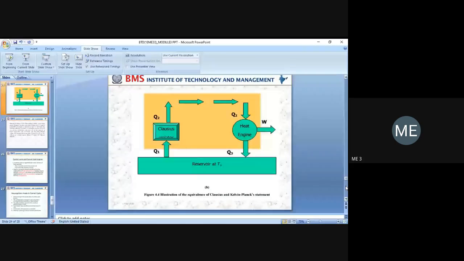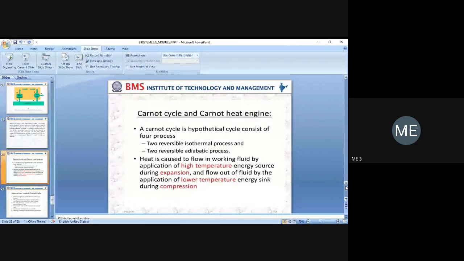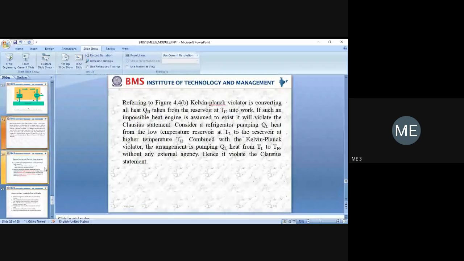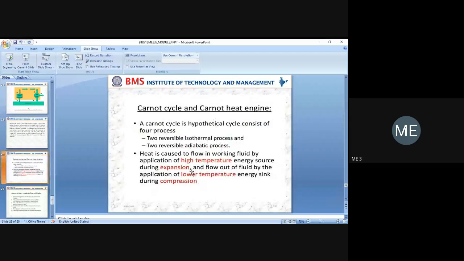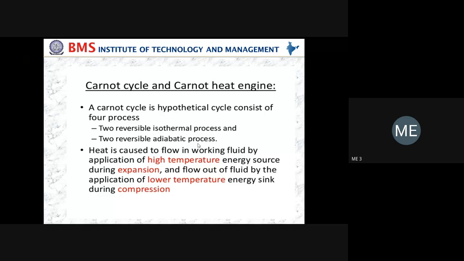I'm going to explain the Carnot cycle. Anyhow, you are going to study the various cycles like Carnot cycle, Otto cycle, diesel cycle, dual cycle in applied thermodynamics.